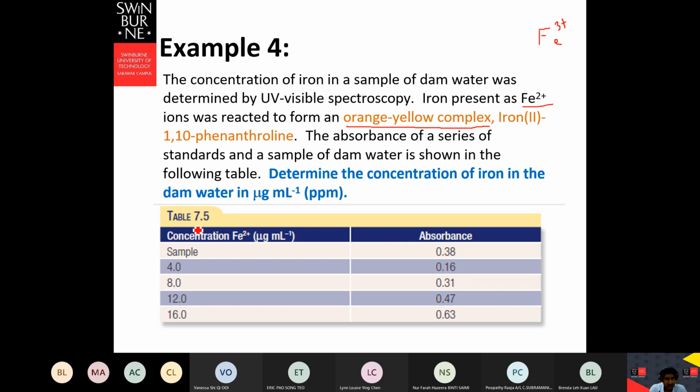Okay, so likewise, we do the calibration curve. We produce some samples. We take 4 milligram per liter, 4 ppm sample, 8 ppm sample, 12 ppm, and all these things we prepare in the lab.